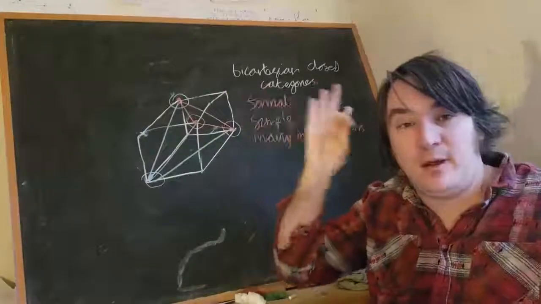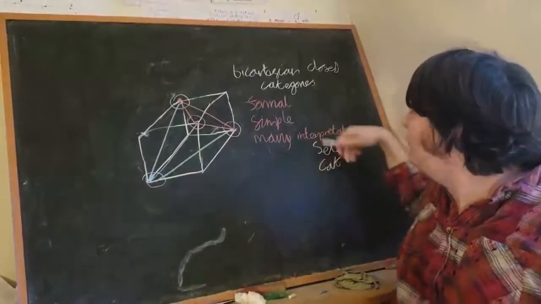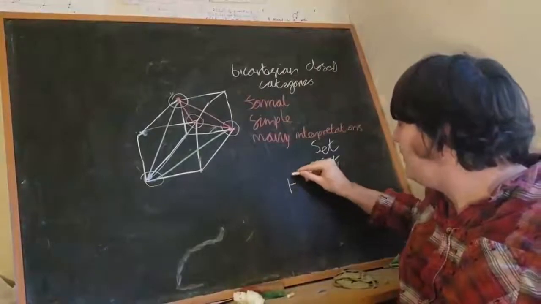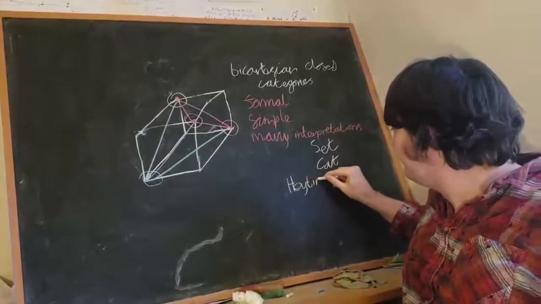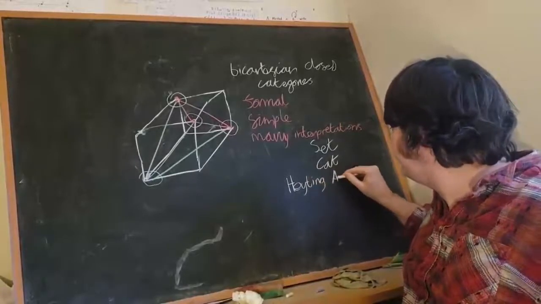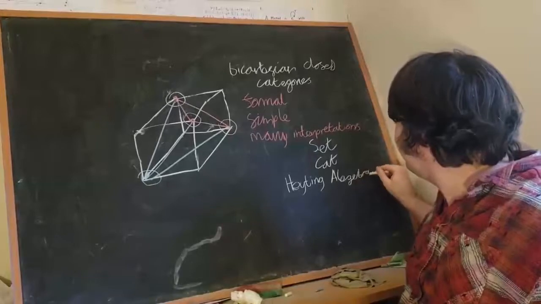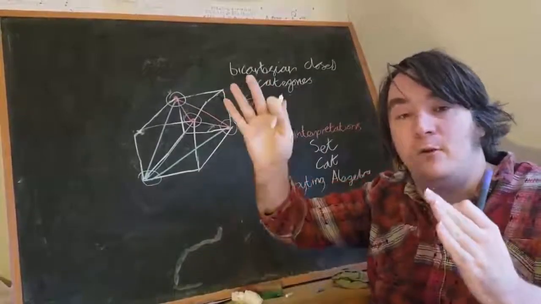It's a fascinating structure to people interested in category theory, and that's also an example of a Bicartesian closed category. And then of course there are these Heyting algebras, which allow us to model things in logic.